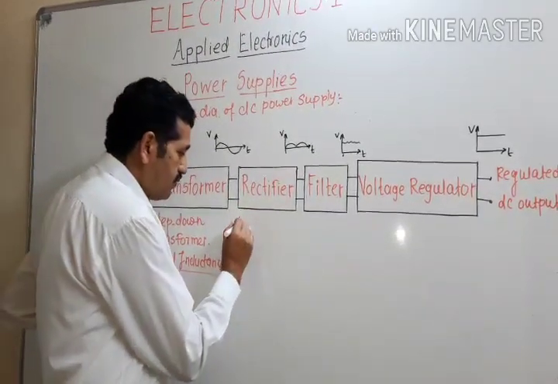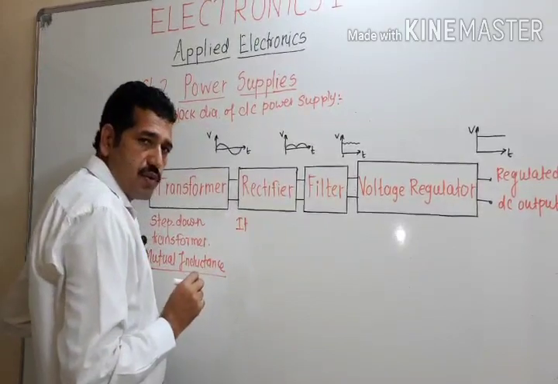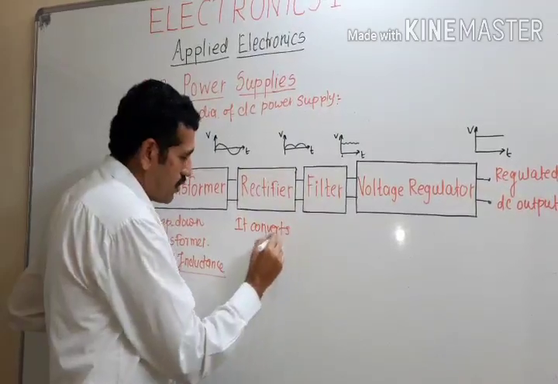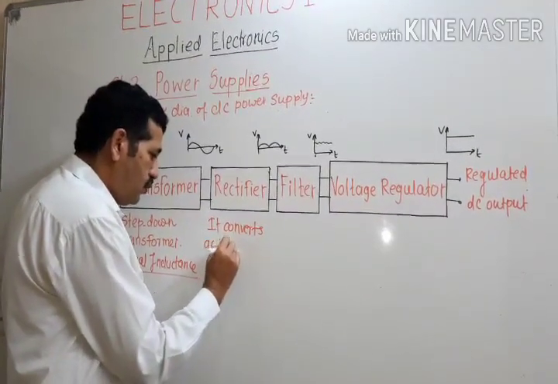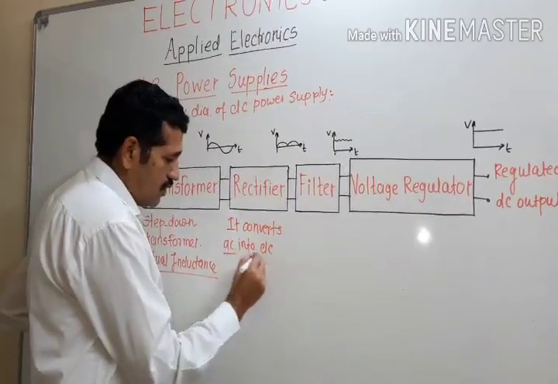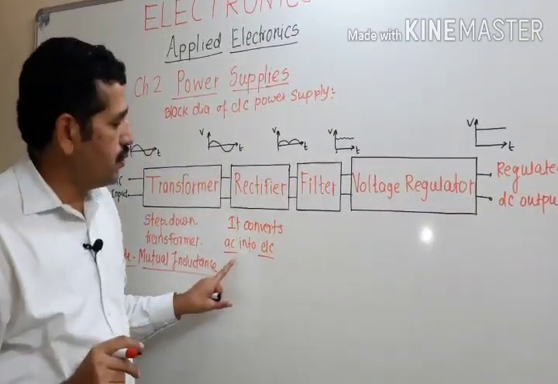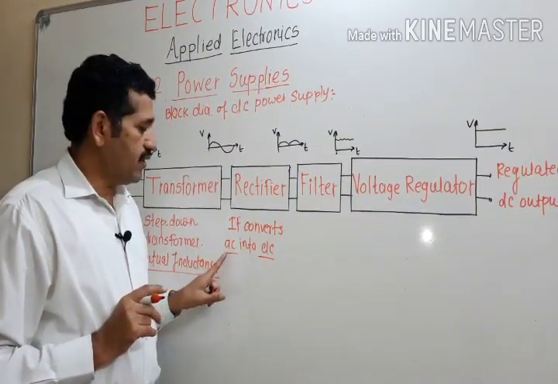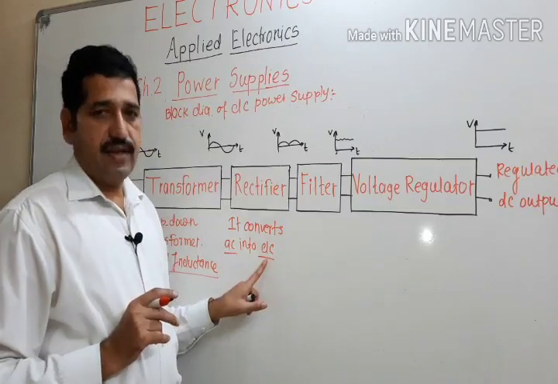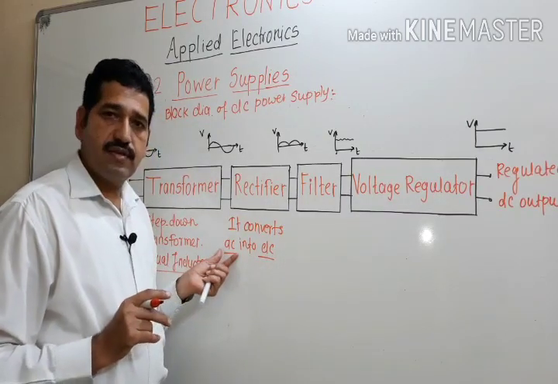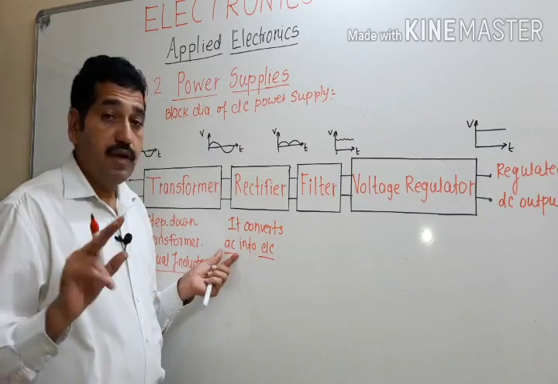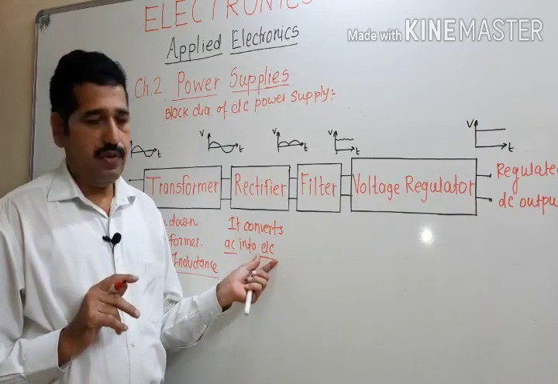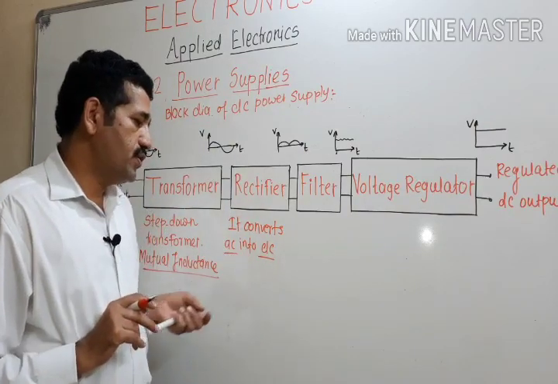The rectifier plays an important role, that is, it converts AC into DC, that is alternating quantity into direct quantity. AC means alternating current, DC means direct current. Alternating current is a bidirectional quantity. Direct current is a unidirectional quantity. So rectifier converts AC into DC.